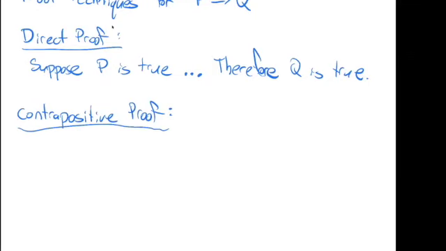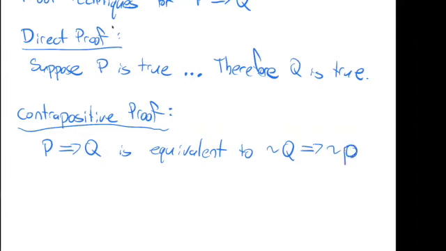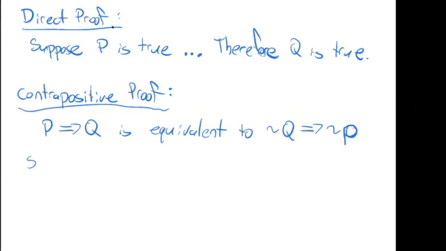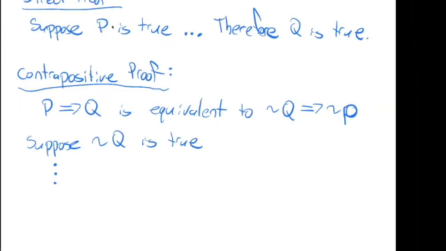And how this goes is that a conditional statement is logically equivalent to its contrapositive, which would be not Q implies not P. So when we do contrapositive proof, we start by supposing that not Q is true, and hopefully we work our way to the point that not P is true.